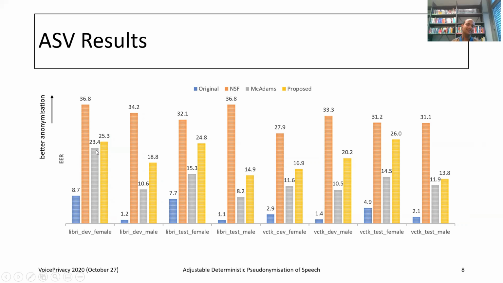But the McAdams method is clearly inferior to the NSF method. Whereas the proposed method, which is based on signal processing, is definitely better than the McAdams method in all the cases. That's one good thing. And since it is a signal processing method, I think it is fair to compare with the McAdams method.